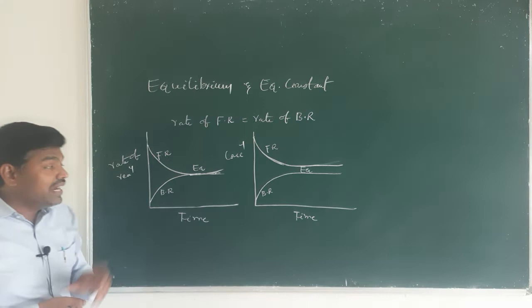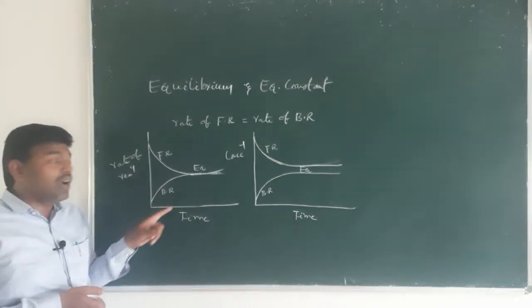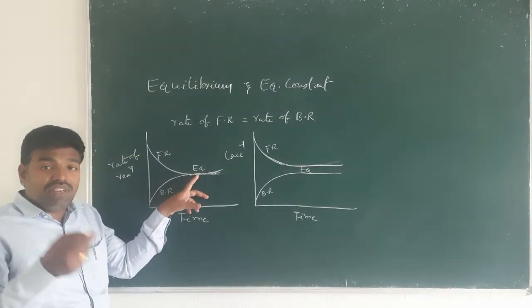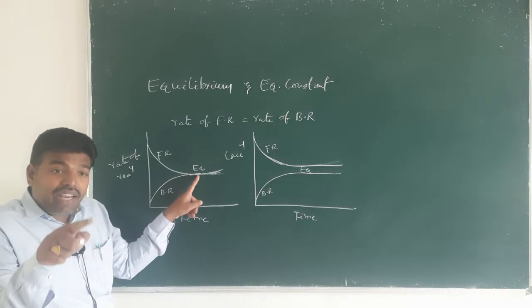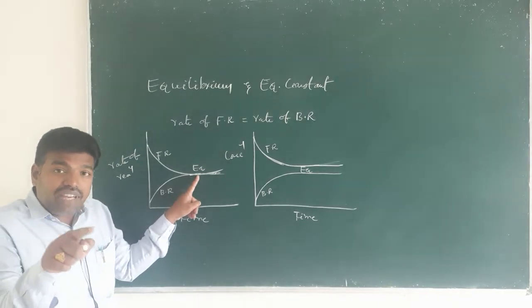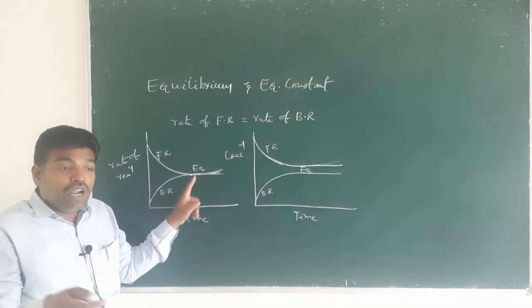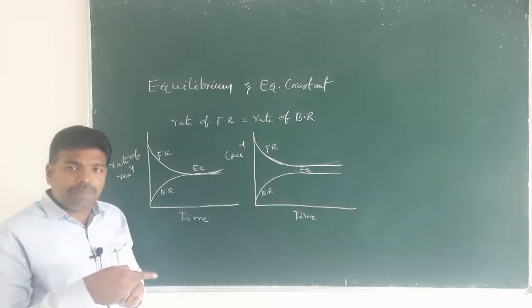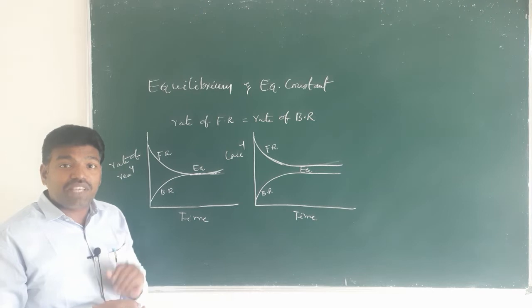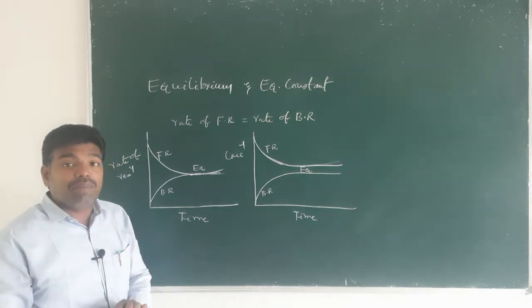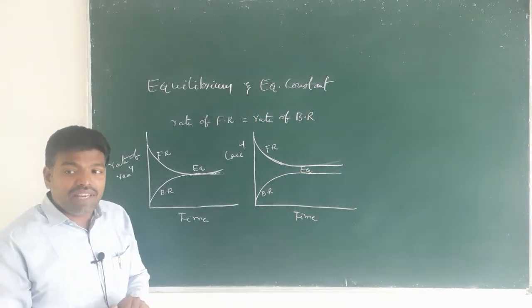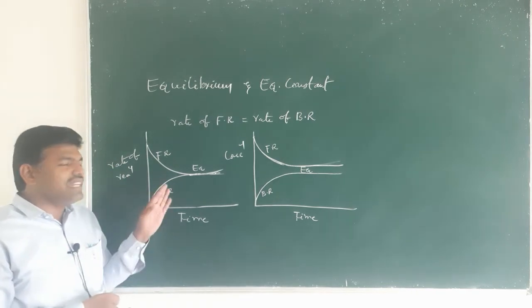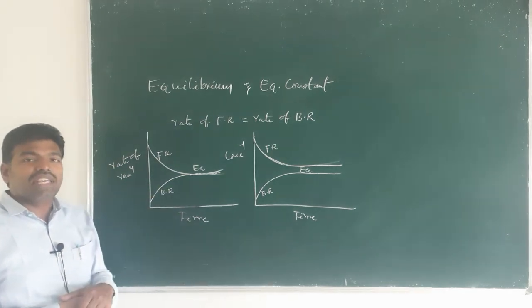Equilibrium is dynamic in nature because even after the establishment of equilibrium, the forward reaction and backward reaction continue to take place. They continue to take place even though equilibrium is established. That's why equilibrium is dynamic in nature, and catalyst has no effect on equilibrium.